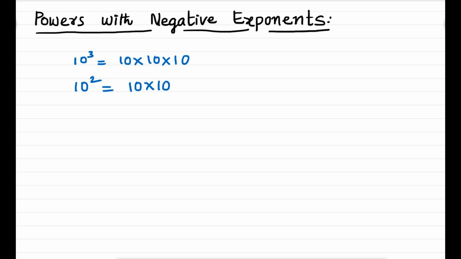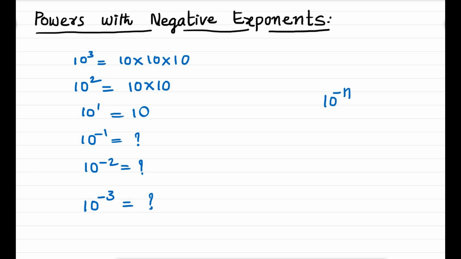If I write 10 to the power of 1, it is just 10. What if 10 to the power of minus 1 is given? What if 10 to the power of minus 2 is given? What if it is 10 to the power of minus 3? What if it is 10 to the power of minus n?